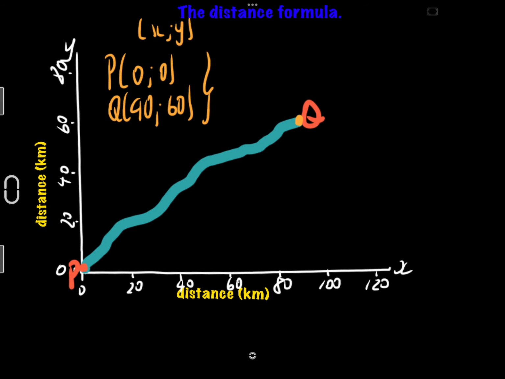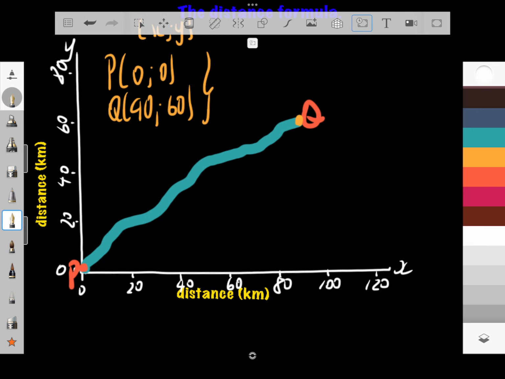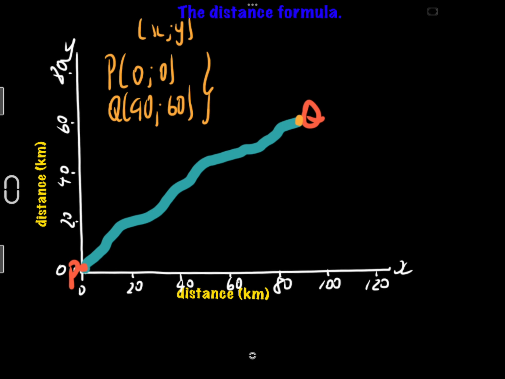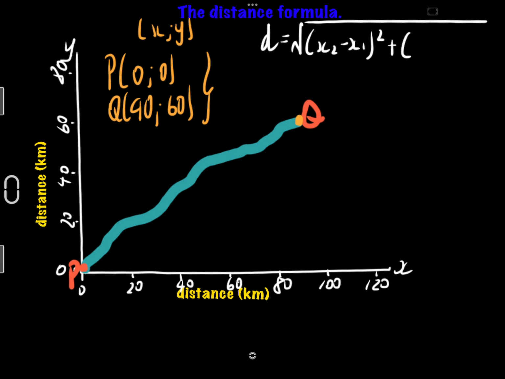So now, to calculate the distance, we're going to rely on our distance formula, and it goes like this. d, standing for distance, is equal to the square root of, open bracket, x2 minus x1, close bracket, raised to the second power, plus, open bracket, y2 minus y1, close bracket, raised to the second power.